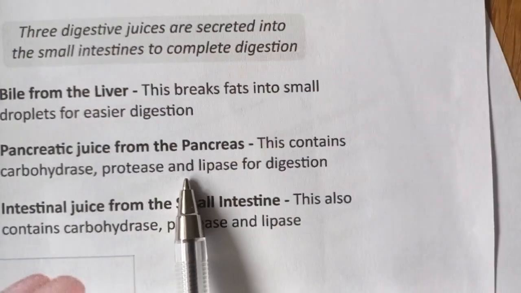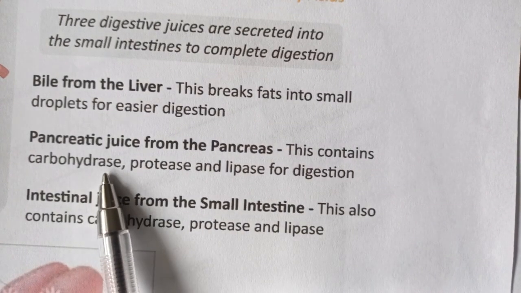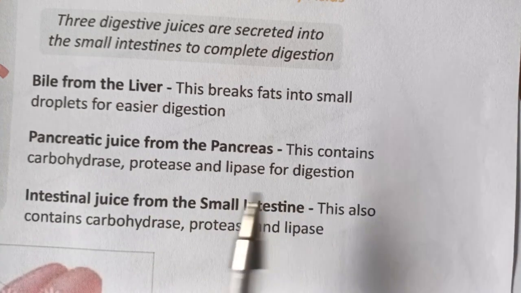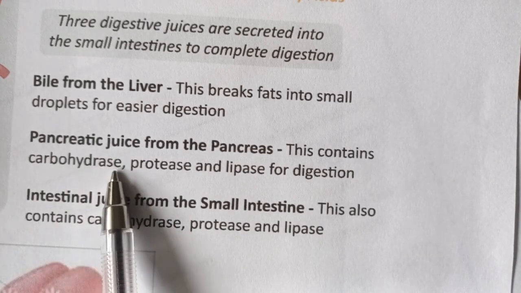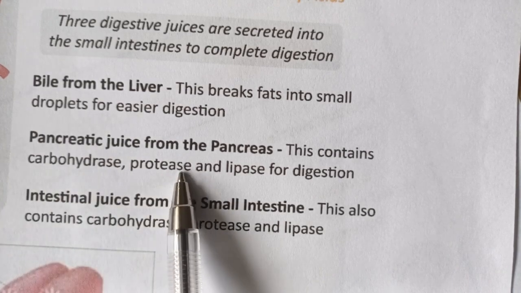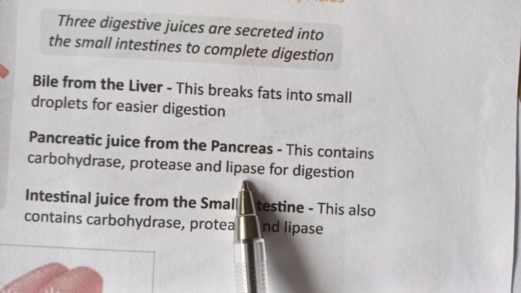The pancreatic juice from the pancreas contains carbohydrase, protease, and lipase. You can see from the name, when they say ase, that is something that breaks down a substance. Carbohydrase breaks down carbohydrates, protease breaks down protein, and lipase breaks down lipids.